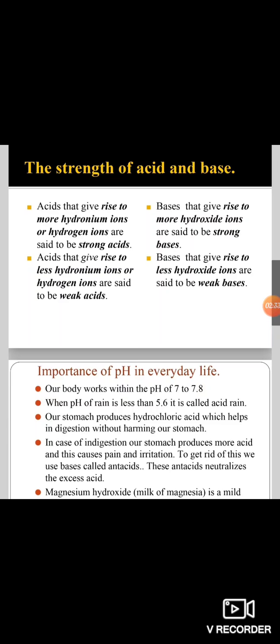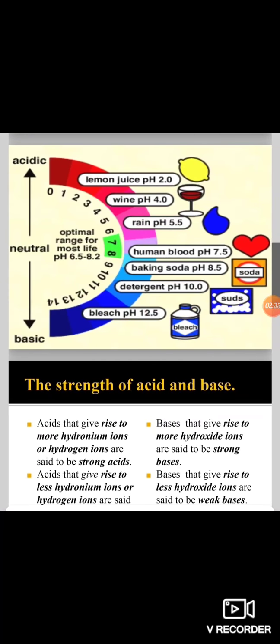And then lemon juice. Observe here, when you put lemon juice on pH paper, the color of the pH paper changes to red.